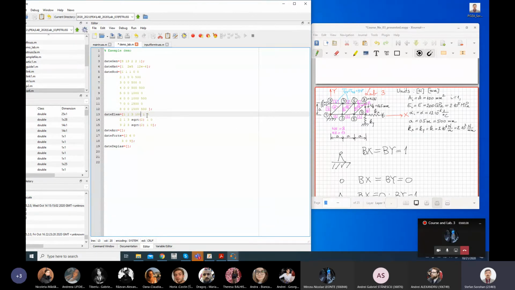Material is material 1, and element number 1 has no thermal load. Only in these two elements I have thermal load, so I will keep 0. I will remove this one because I have all the elements here with the same cross-section area.